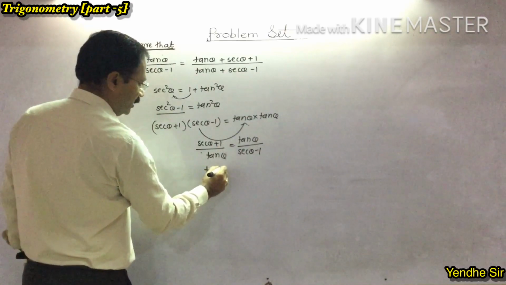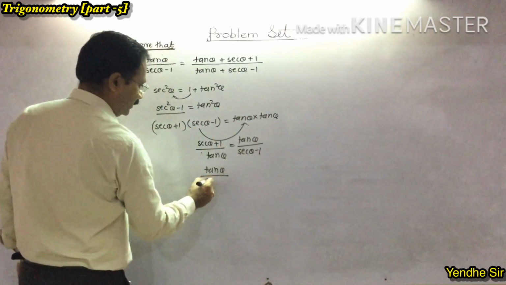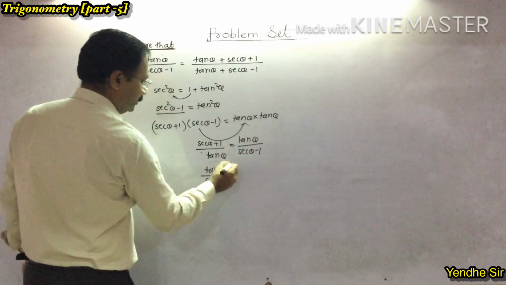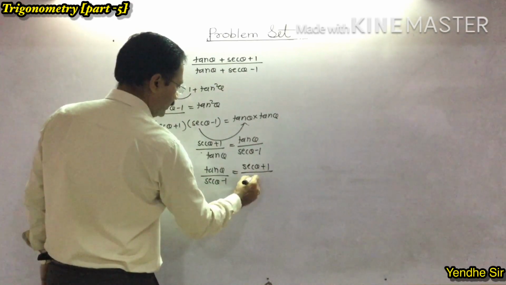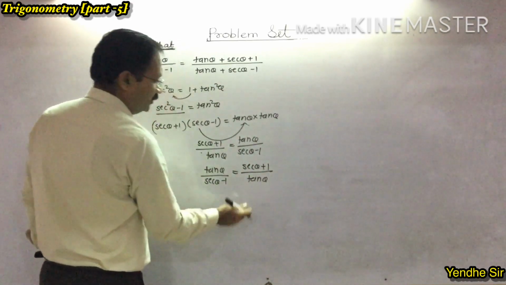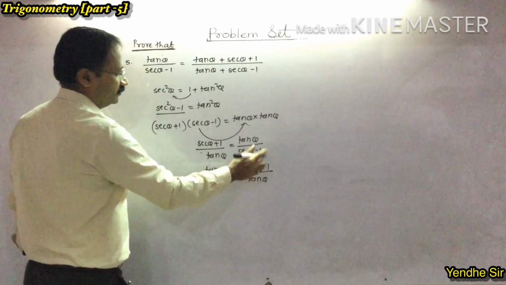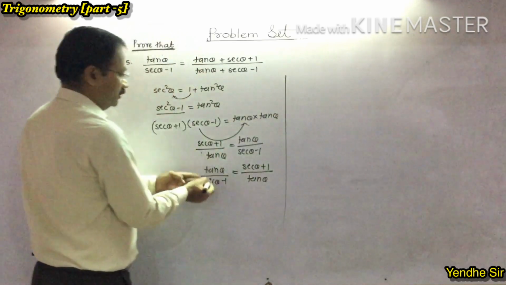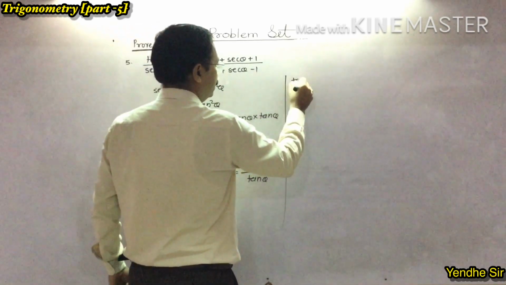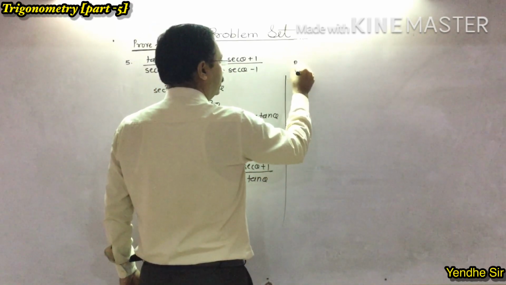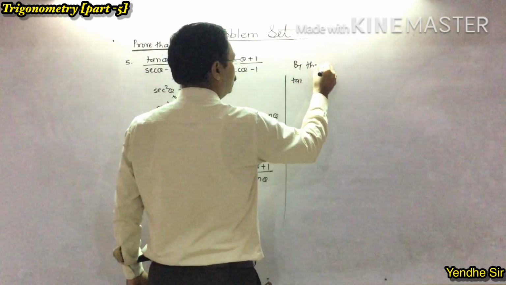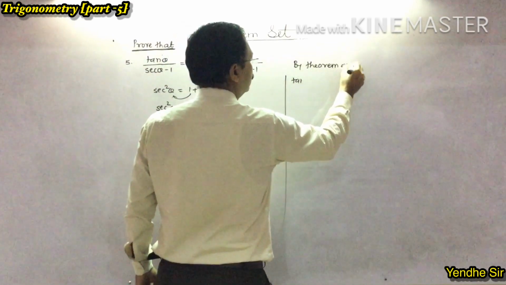Tan theta upon sec theta minus 1 equals sec theta plus 1 upon tan theta. Remember, just interchange the sides. Now I got this one, so I am going to write it here by the theorem on equal ratio.